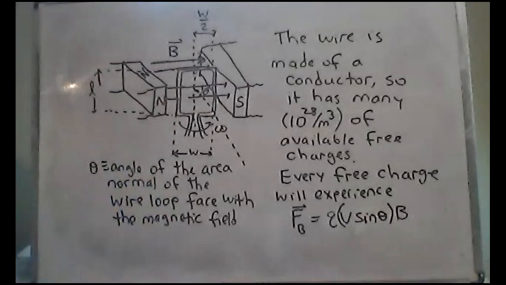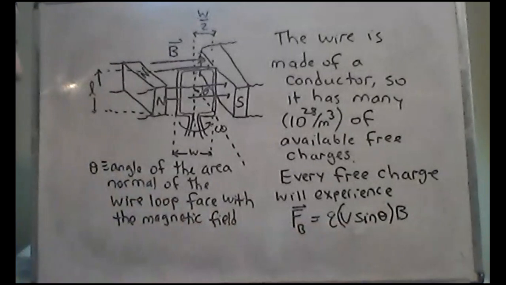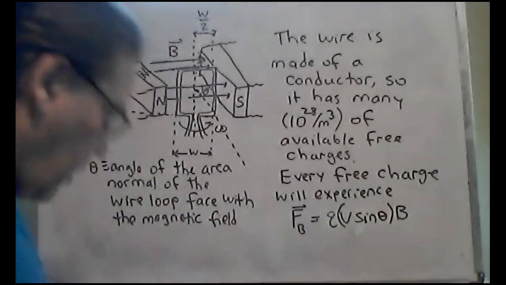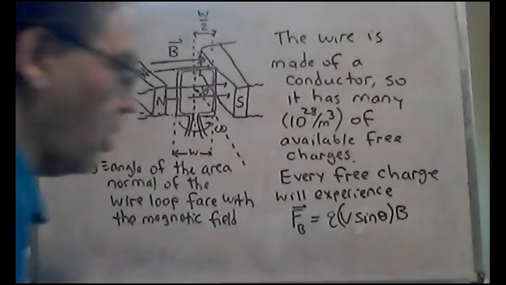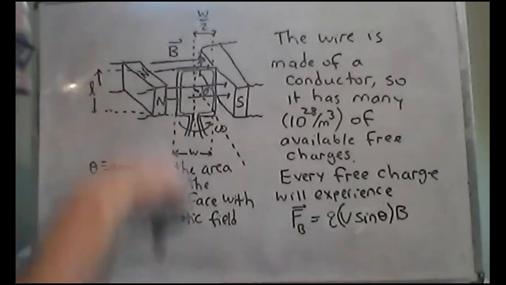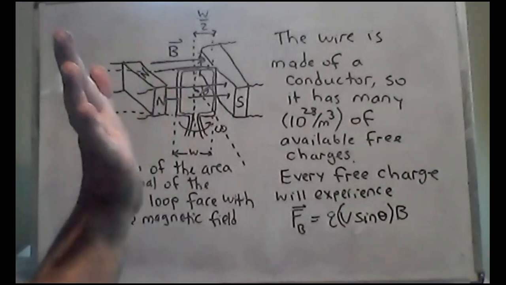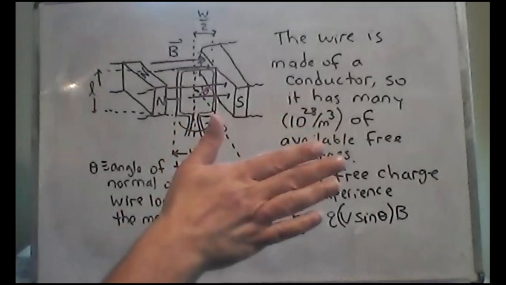So really the only component of the velocity of a particular electron that matters is the component perpendicular to the magnetic field. And that is going to change, because theta is constantly changing. So in a sinusoidal manner, the velocity will have some component either perpendicular or parallel to the magnetic field.